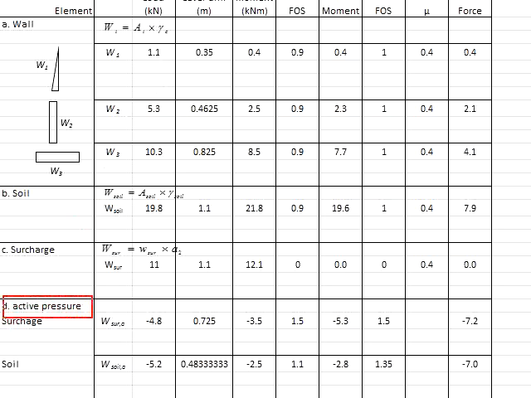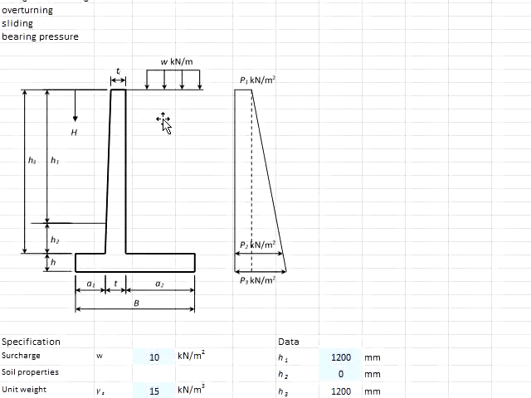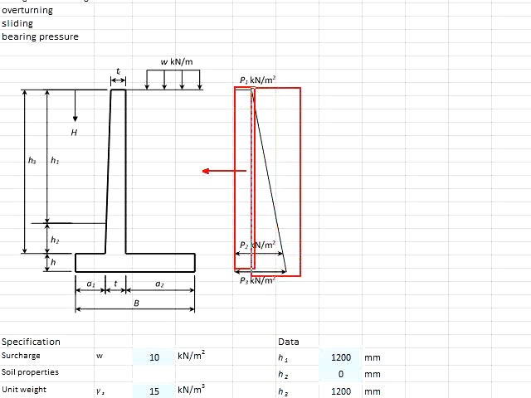As for the active pressure, there will be horizontal loads. The force due to the active pressure is quantified by the area of the active pressure, which can be transformed into an equivalent force. The lever arm referring to the rotational point here will be this and this.